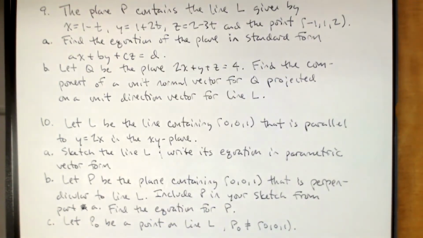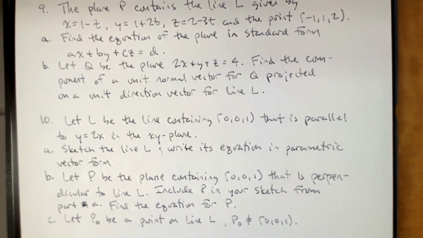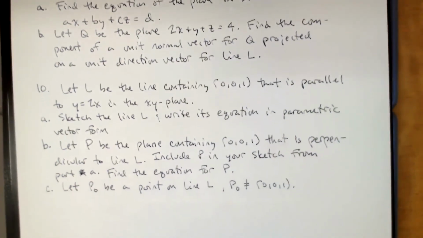We've got a line, we've got a plane, we should have a point. So let's take a point. P naught will be a point on the line L, but not the point (0, 0, 1).